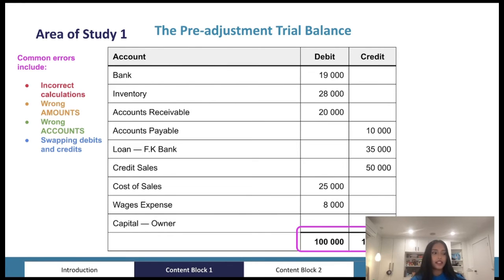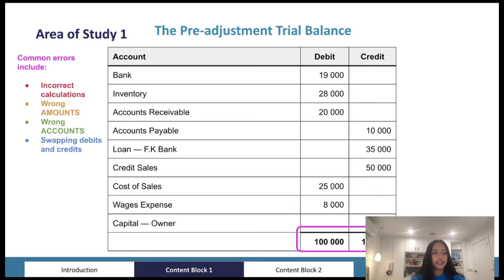So common errors that are made in double entry accounting include incorrect calculations, for example, calculating GST wrong. The amounts could also be copied incorrectly from the source document. For example, if the source document says $1,000 but you accidentally write $10,000. Another common mistake is the wrong accounts.